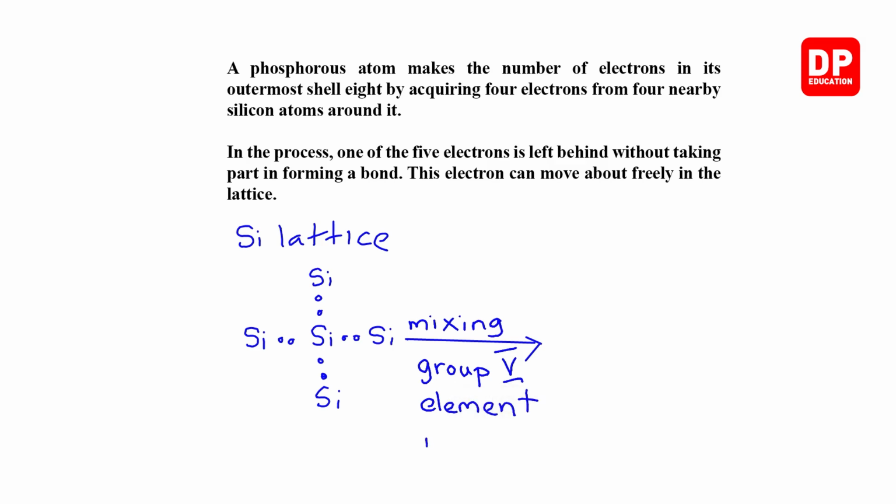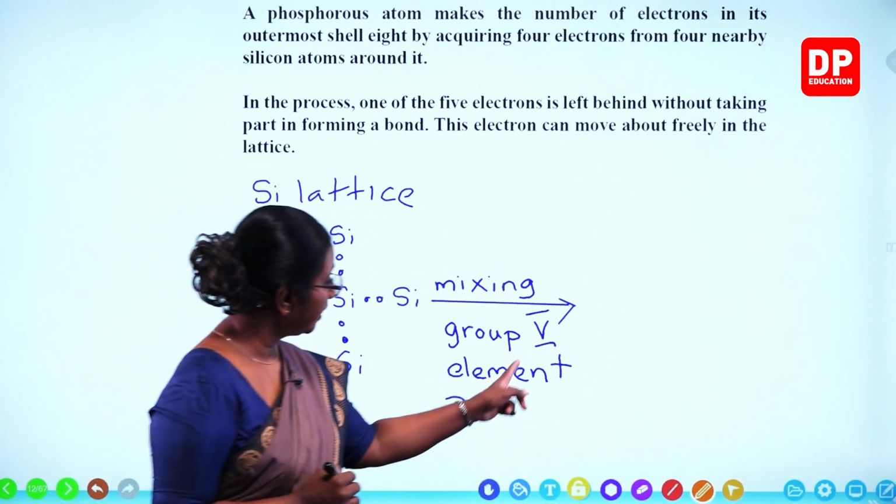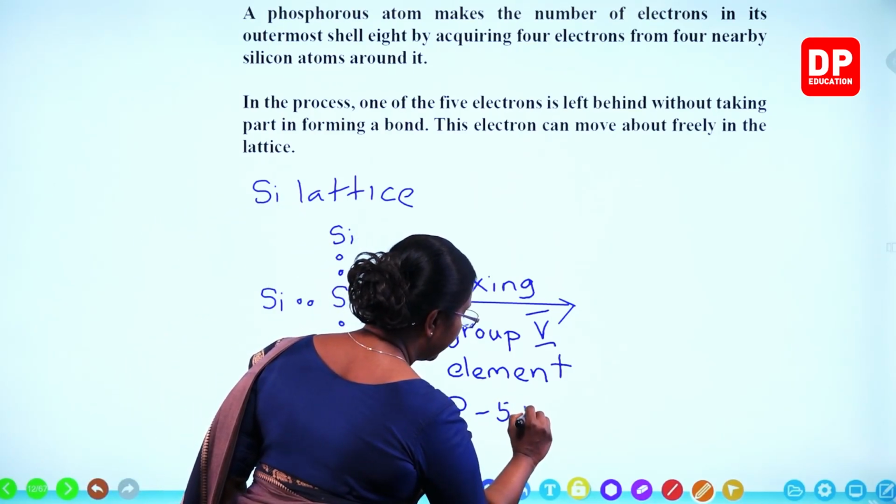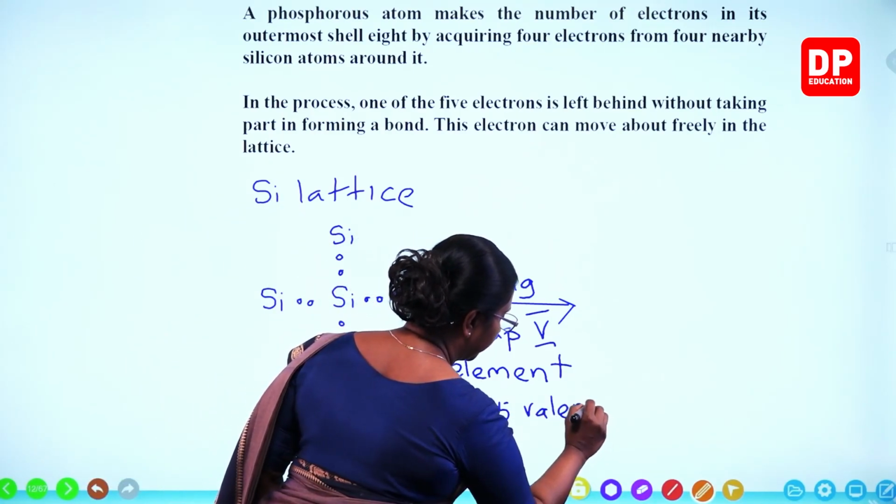For example, we will take phosphorus. Now, phosphorus, if you can remember, belongs to group 5, so there are 5 valence electrons.